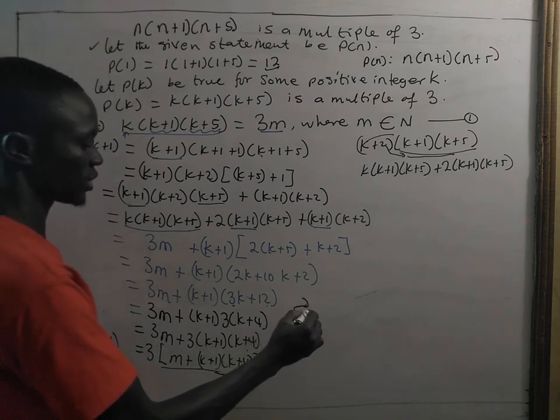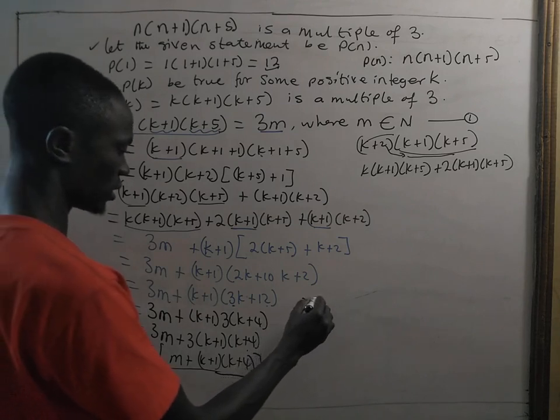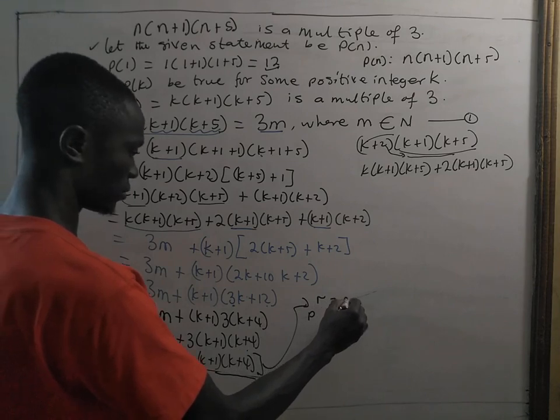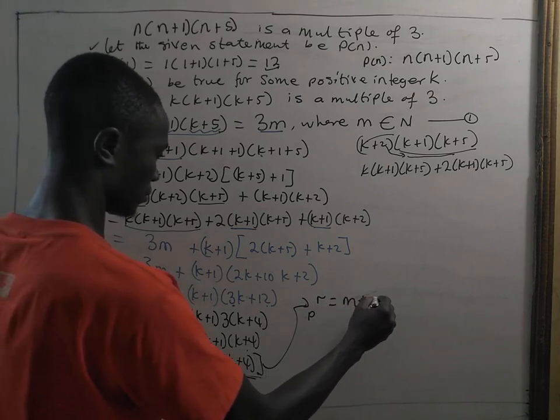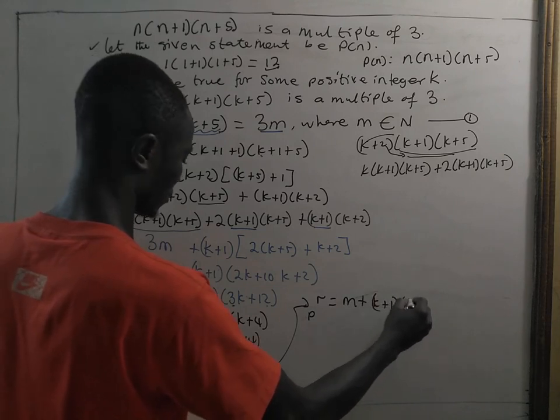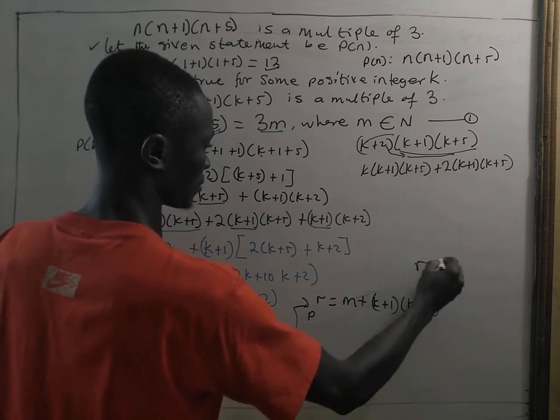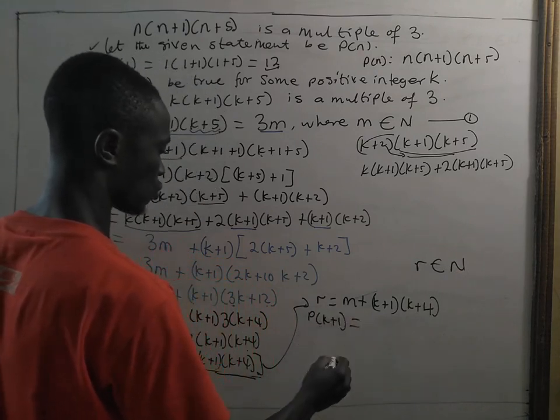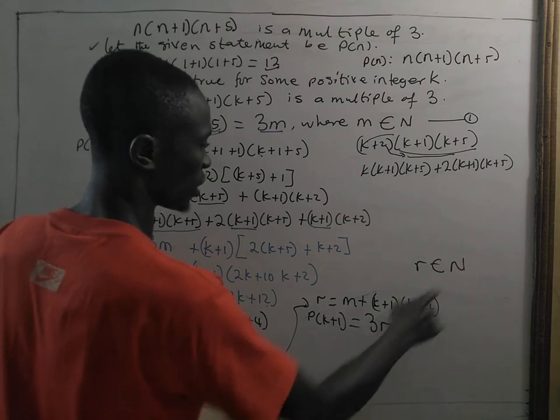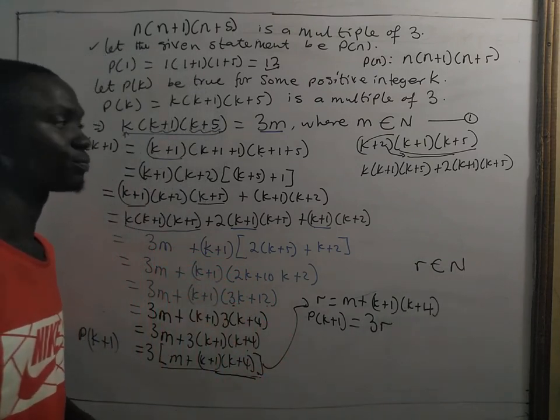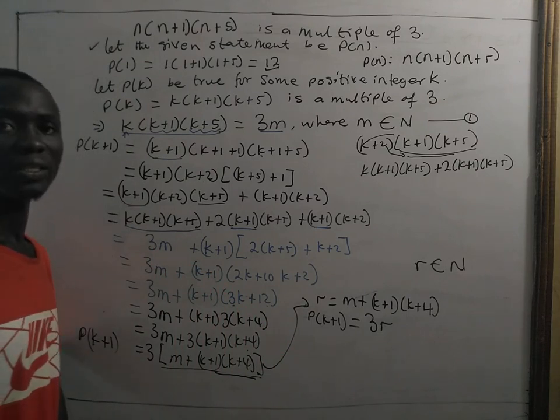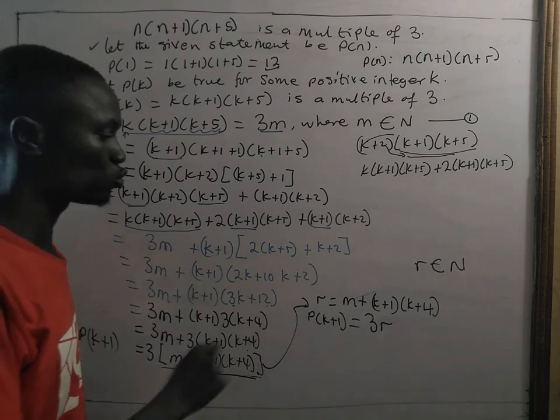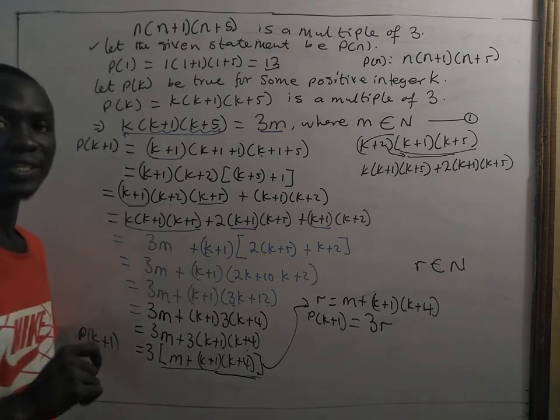So if we let this expression be equal to, let me see, r, then we have Pk plus 1 equal to 3r, where r is a natural number. So Pk plus 1 is true whenever Pk is true.